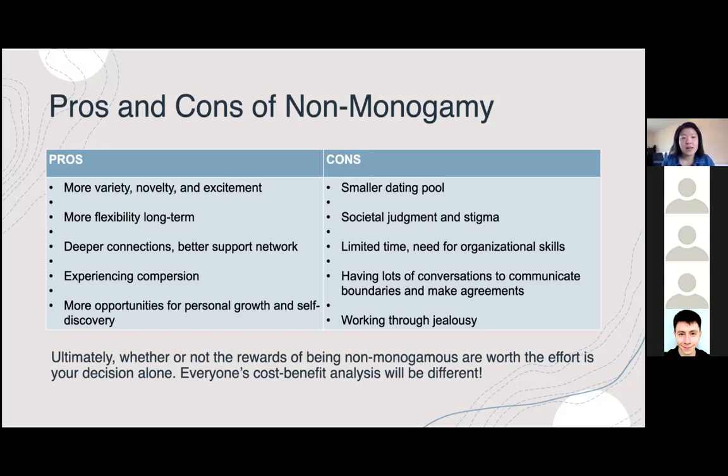Another pro is that you experience something called compersion. So we had the jealousy conversation earlier, obviously, being jealous doesn't mean that you can't be non-monogamous. But some non-monogamous people, not all, but some, experience compersion, which is a feeling of happiness that you get when you see your partner engaging with other people. This is not a prerequisite to non-monogamy, but it certainly makes it easier.